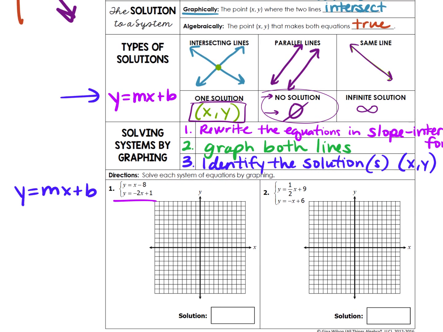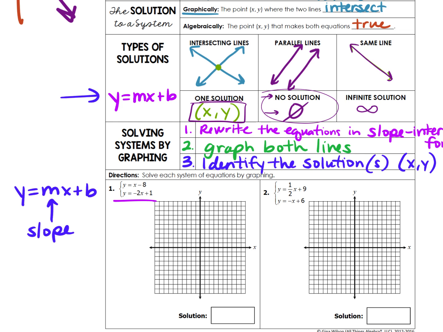Y equals mx plus b. M stands for what? Slope. Okay, so when we're talking slope, can you tell me a phrase that makes you think slope? Think of it like a fraction.